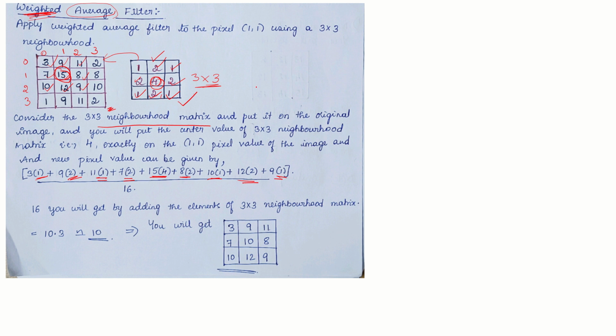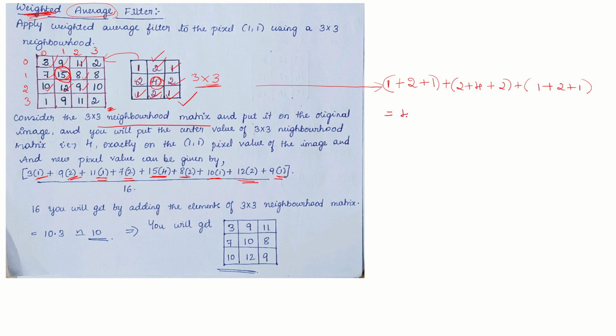So what is that? If you do the sum of the elements, 1 plus 2 plus 1 for my first row, then 2 plus 4 plus 2, third row 1 plus 2 plus 1. If I do this, what will I get?